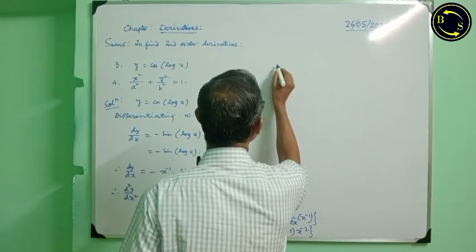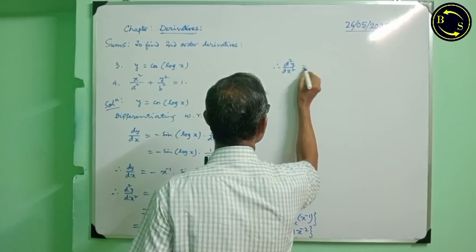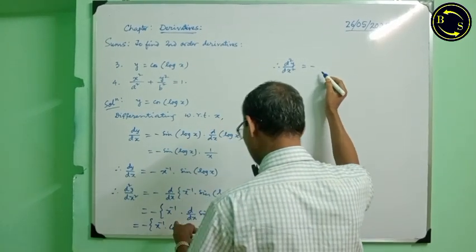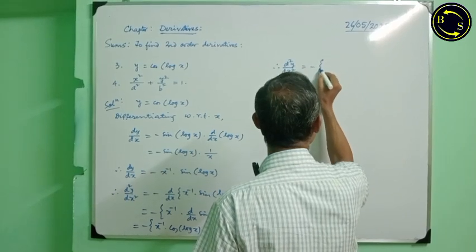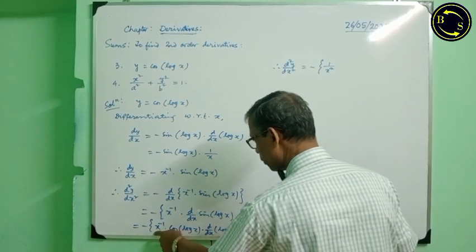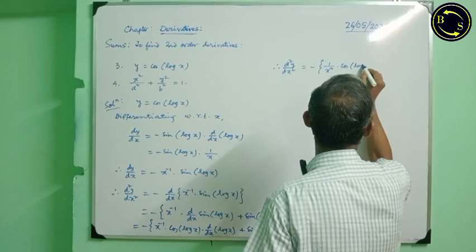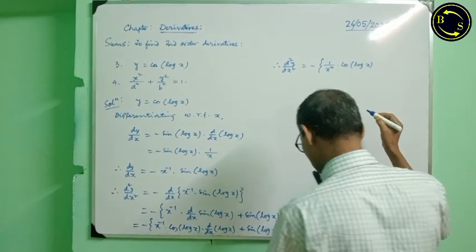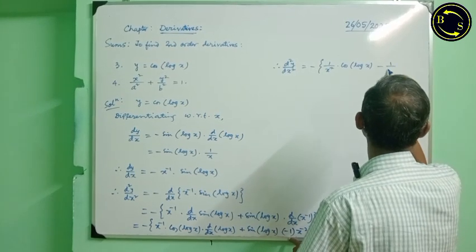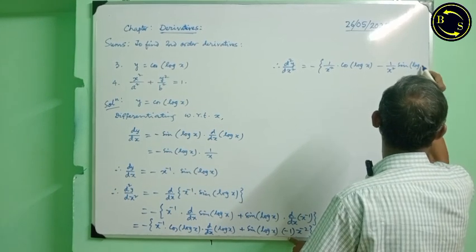Therefore, finally we get d2y/dx2 is equal to minus, outside it will be 1/x square, d/dx of log x is 1/x into 1/x, so 1/x square into cos log x, then minus 1/x square sin log x.